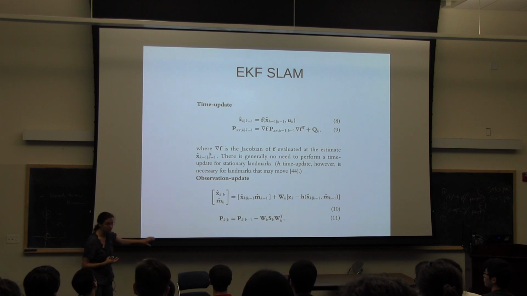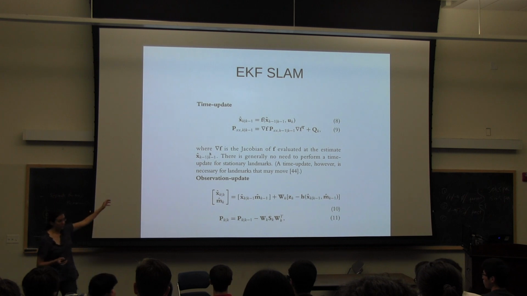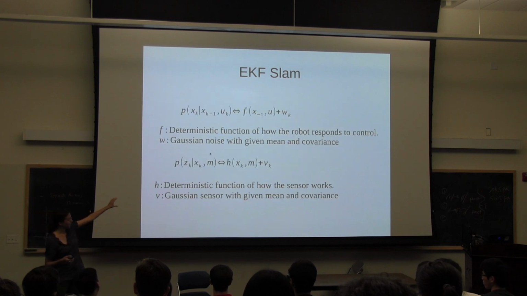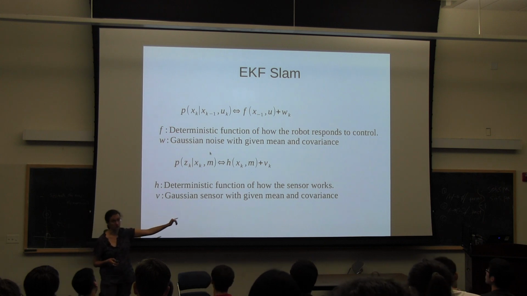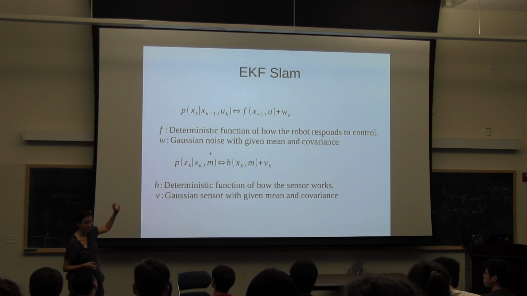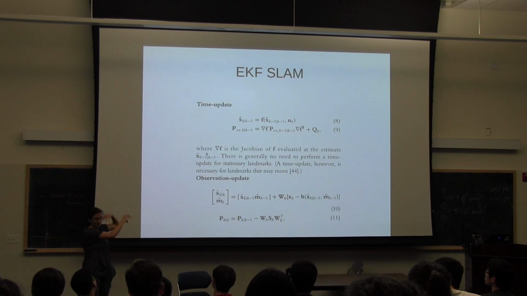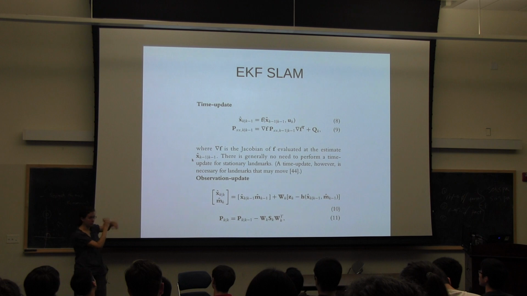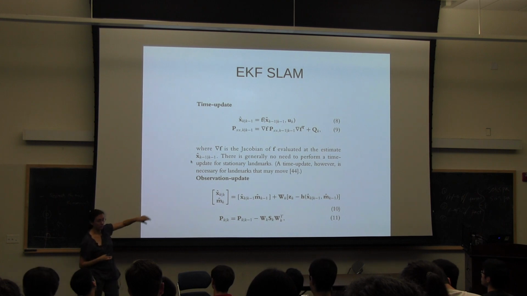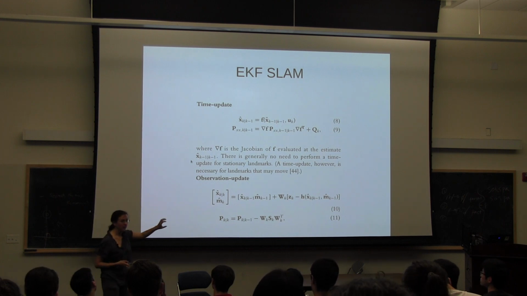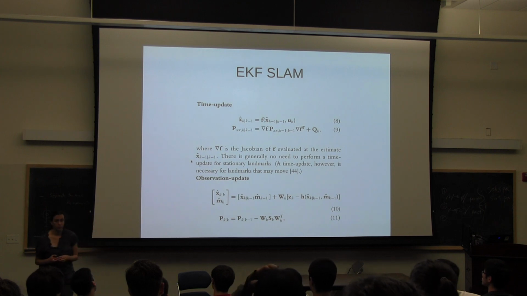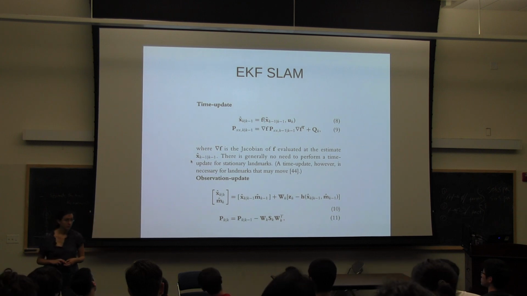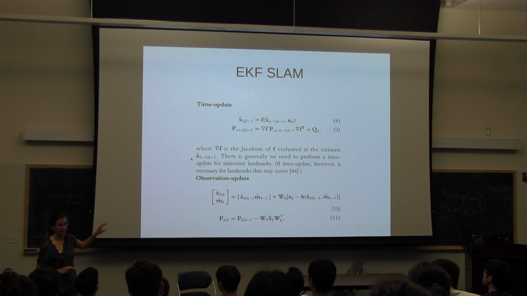If I make these Gaussian noise assumptions, where I know my transition and there's Gaussian noise, and I know the covariance on those noise models, and I do a bunch of math, I apply the sum and product rule, I plug in my Gaussian, I take the derivatives I need to take, then I get these time updates and observation updates in terms of matrix multiplications. And it's really, really fast.